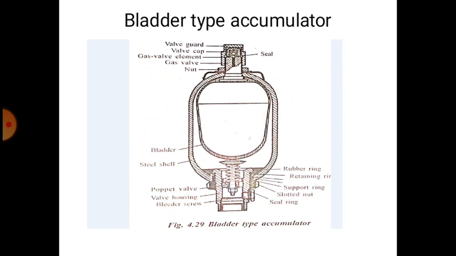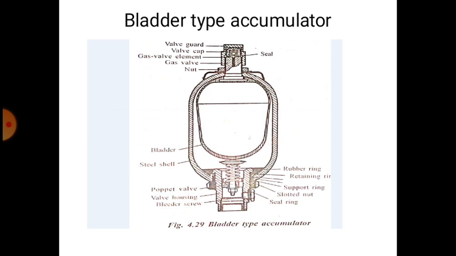So the function of the accumulator is to act as a power source. When there is a power failure, it will act as an emergency power source for the retraction of the cylinder. It will act as a shock absorber, and the accumulators will act as a leakage compensator.